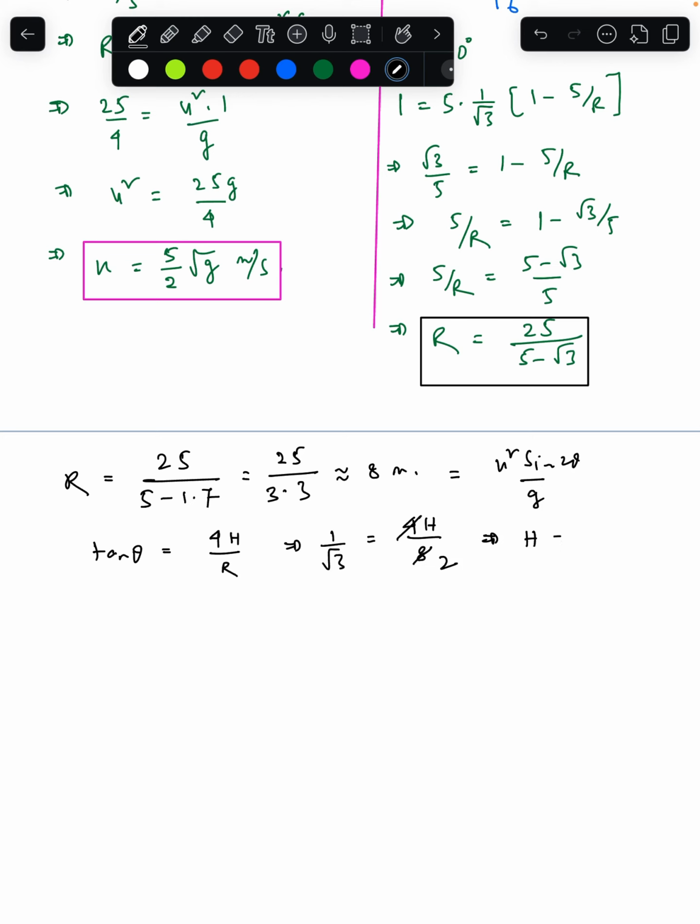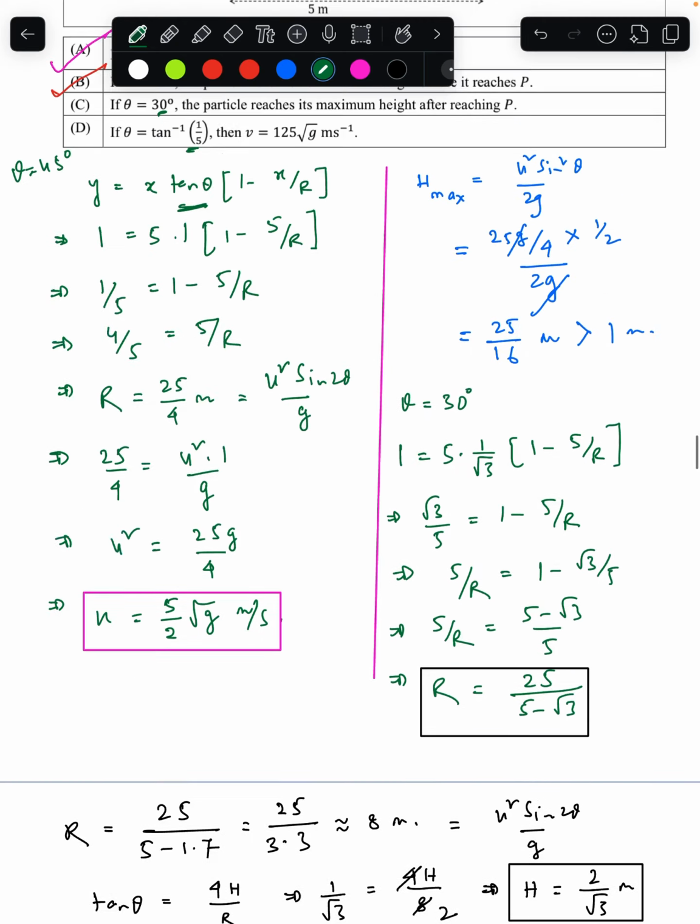So H is coming to be 2 by root 3 meter. If you look at this value of H, which is equal to 2 by 1.732, it is also greater than 1 meter.